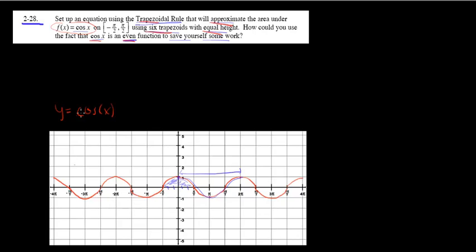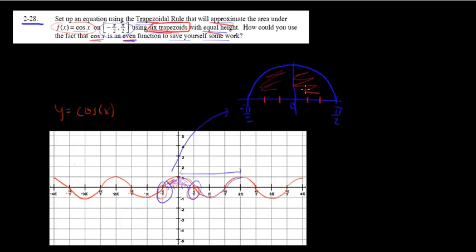Now let's look at the specific area that we want to find, underneath cosine between negative pi over 2 and pi over 2. If we look closely at just this region, we want the area under the curve for this whole region.